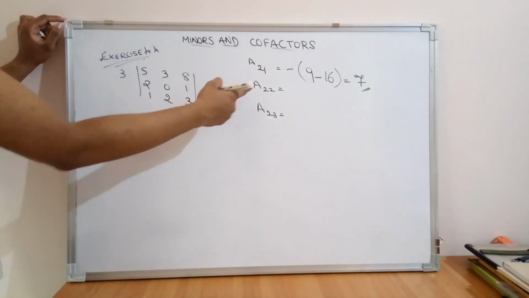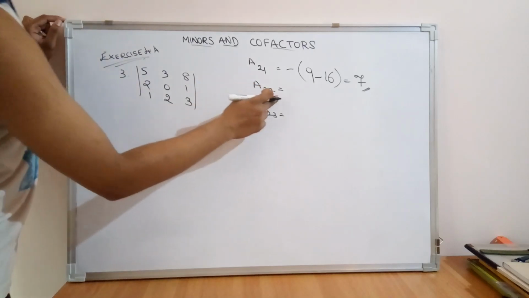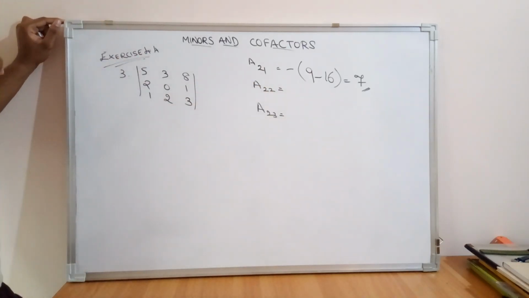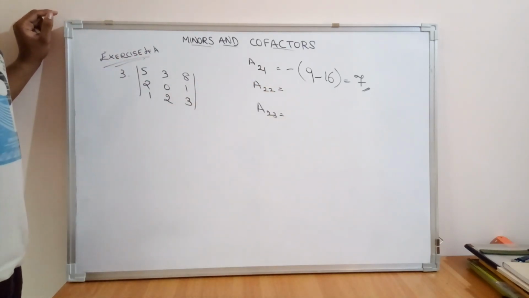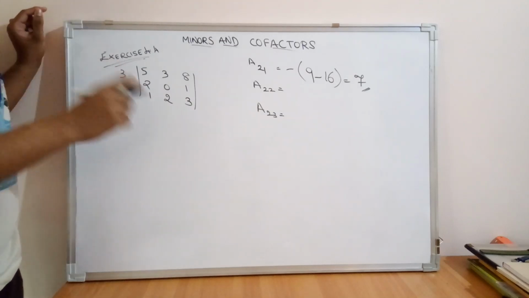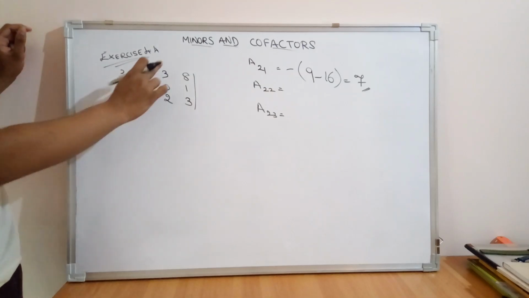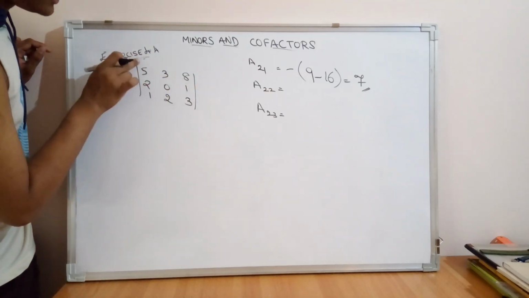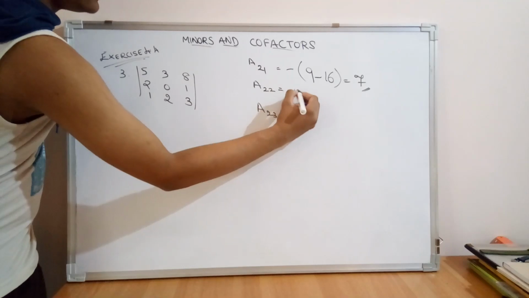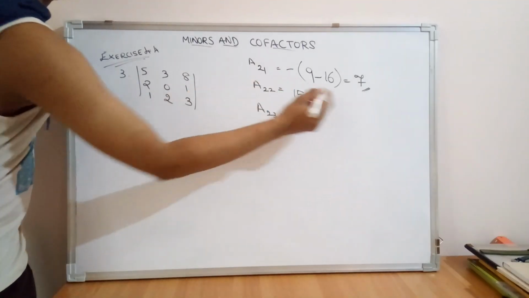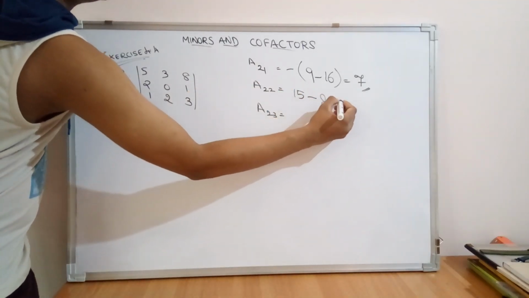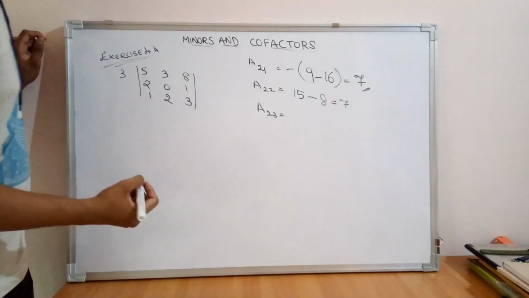Okay, then you have a22. Since 2 plus 2 is even, minus 1 whole raised to 2 plus 2 is 1 itself. Therefore a positive sign comes over here, so I am not going to bother about that. Okay, now we have 5 and 3, that is 15 minus 8. 15 minus 8 is again 7.